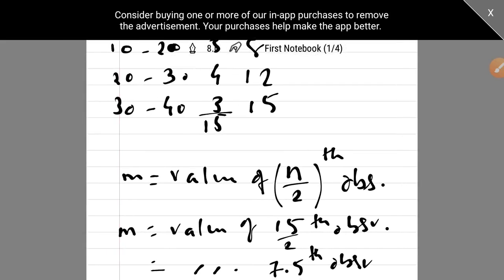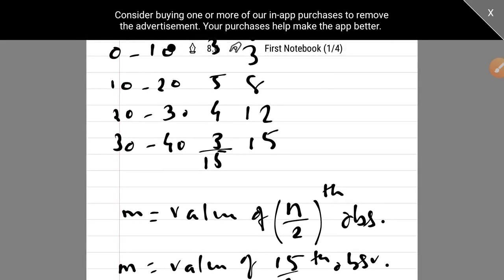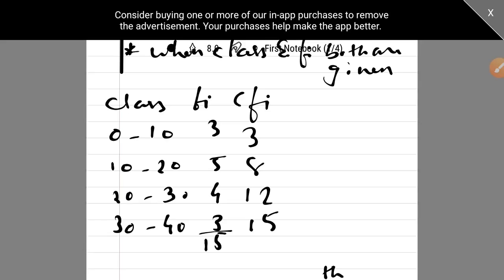This 7.5th observation, and you can see your 7.5th observation lies exactly here. Because up to 3 it is here, and after 3, 4, 5, 6, 7, 8 is here. So your 7.5 is here.